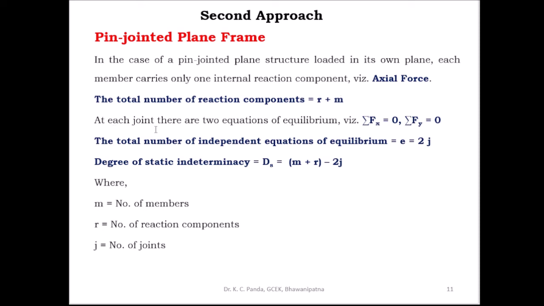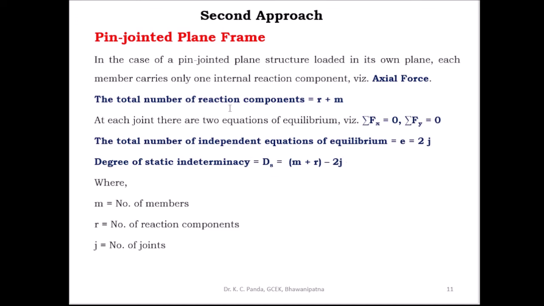At each joint, there are two equations of equilibrium, that is summation of Fx equal to 0 and summation of Fy equal to 0. So the total number of independent equations of equilibrium is 2J. Then you can find the degree of static indeterminacy by taking the total number of reaction components minus the total number of independent equations of equilibrium.